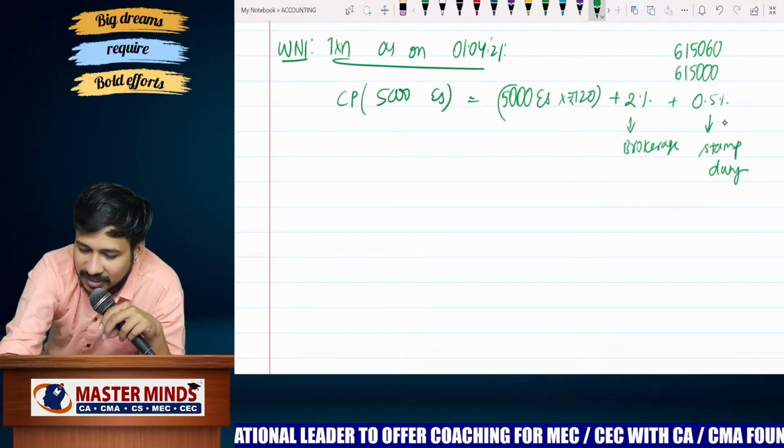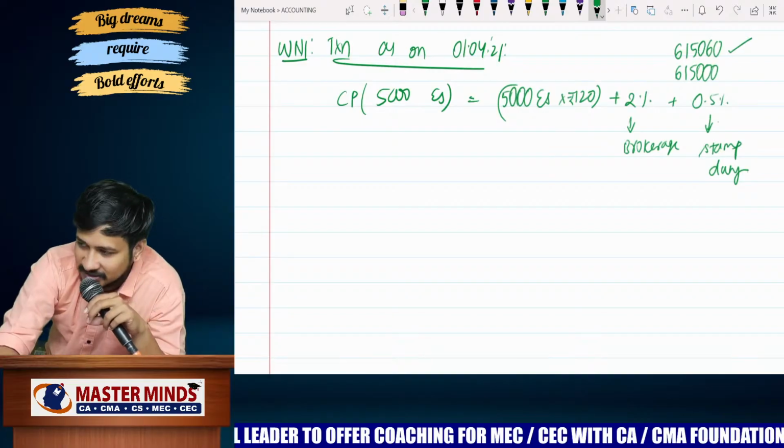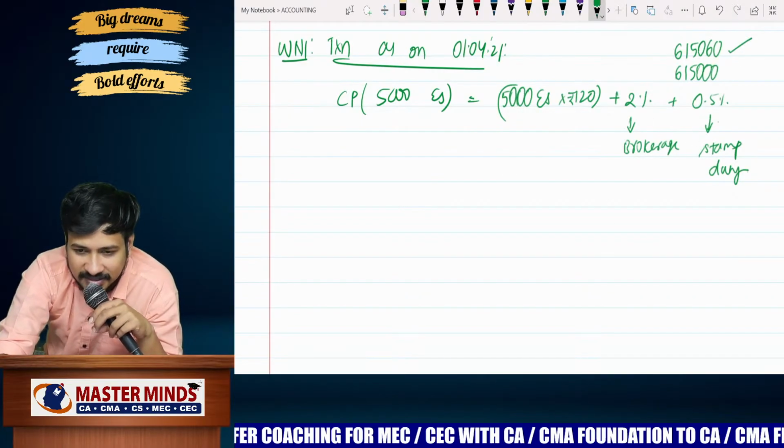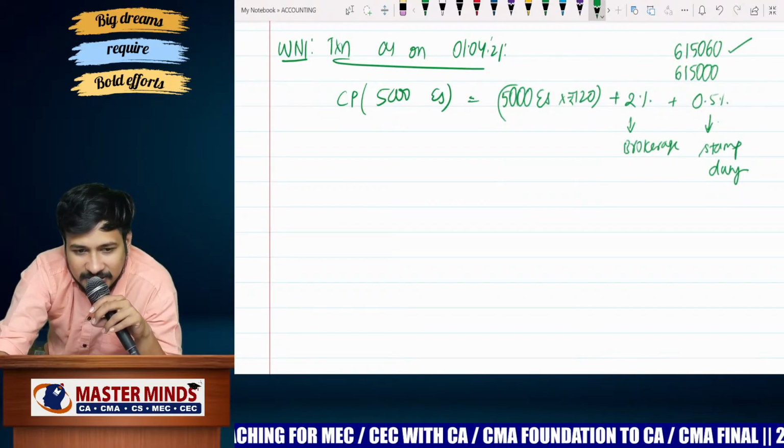If you compute like this, you'll get 6,15,060. Yes, if you're computing like this, you will be getting 6,15,060 only.